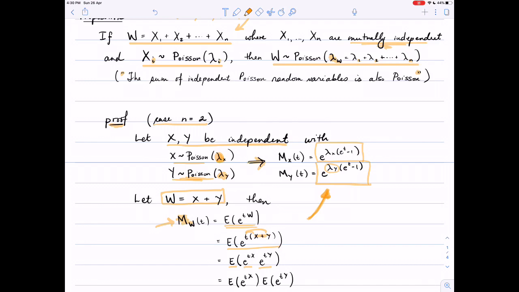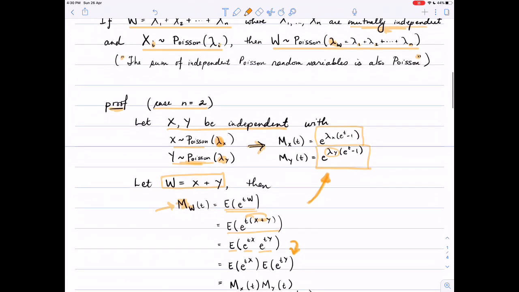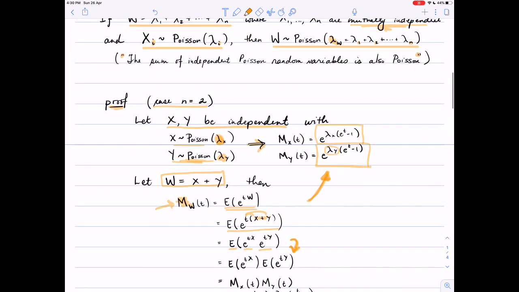And now we are using independence. In fact, in the previous lesson, we called this a property. We did all of these steps in general without using any of the MGFs, and we came down to exactly this, that if w is a sum, the moment generating function for w is going to be the product of the moment generating functions for each of the random variables. So this part here, there's nothing new. We'd seen that already. What we are going to do that is new is this.